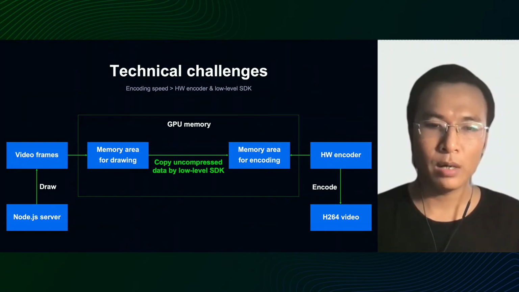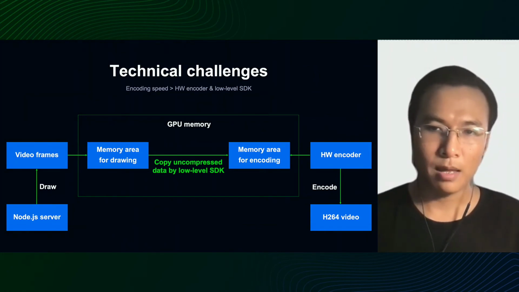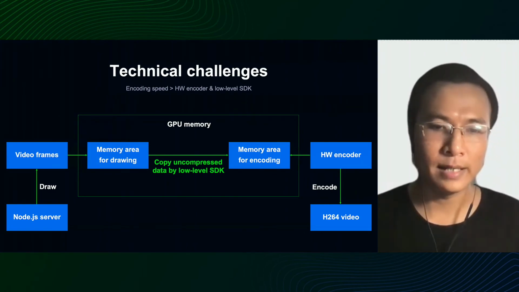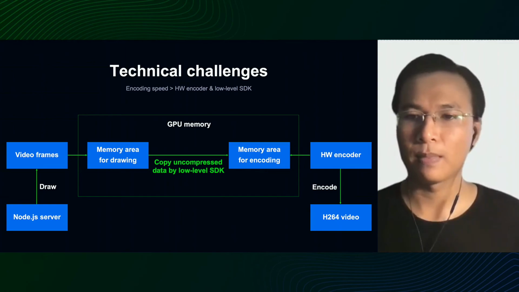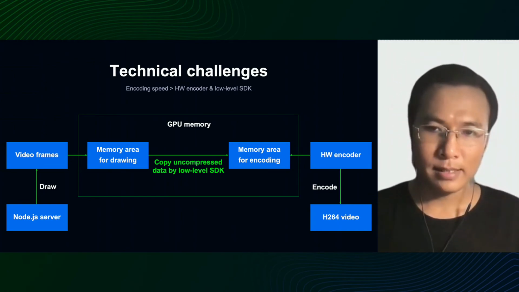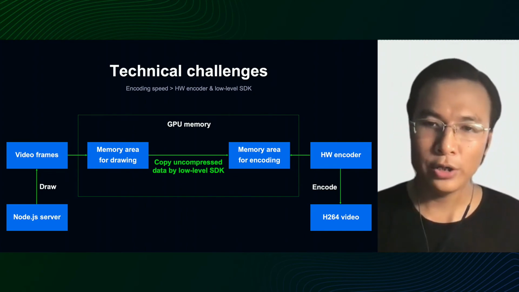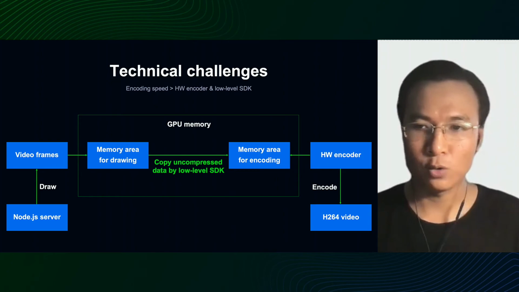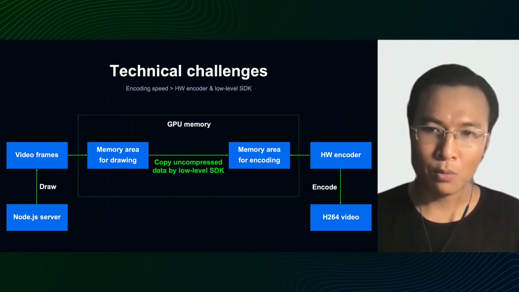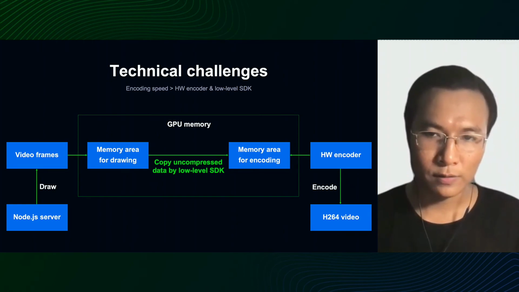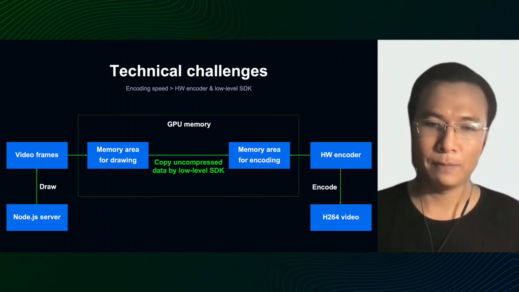Due to the bottleneck above, we attempt another method, where we combine a hardware encoder with a low-level SDK to encode videos. Let's take a deeper look at GPU memory. The area used to store video frames after drawing and the area that the hardware encoder uses to read data for encoding are two different regions located in GPU memory.